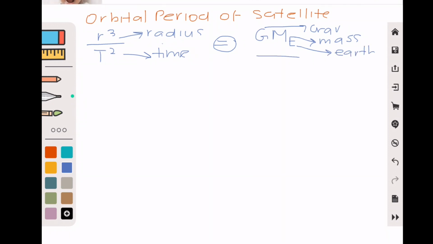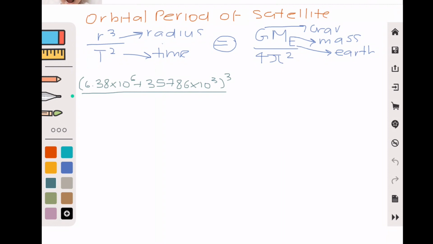The radius is the Earth's radius, 6.38 times 10 to the power of 6, plus the altitude, 35786 times 10 to the power of 3, all cubed. The time is t squared, the unknown. The gravity is 6.67 times 10 to the power of minus 11 times the mass, which is 5.97 times 10 to the power of 24, over 4 pi squared.